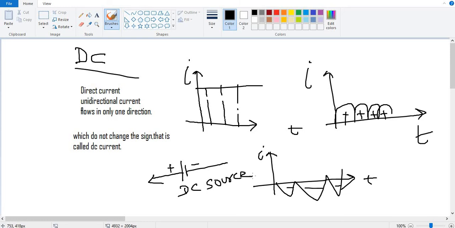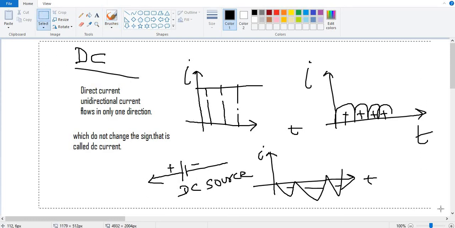Hope you got the point what is DC current. DC current is a direct current which flows in only one direction, that is called a unidirectional current. Here is the example. It can be only positive, or here only negative, which does not change the sign, that is called DC current. Hope you understood what DC current is.